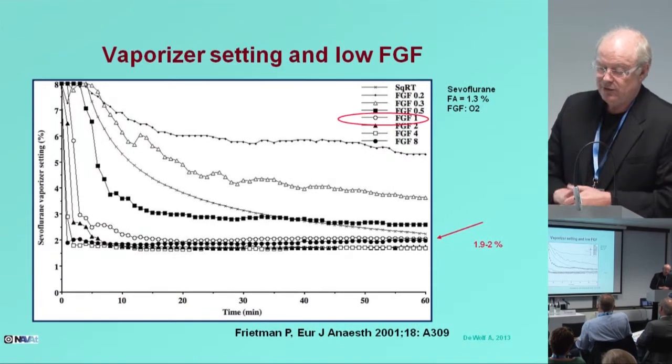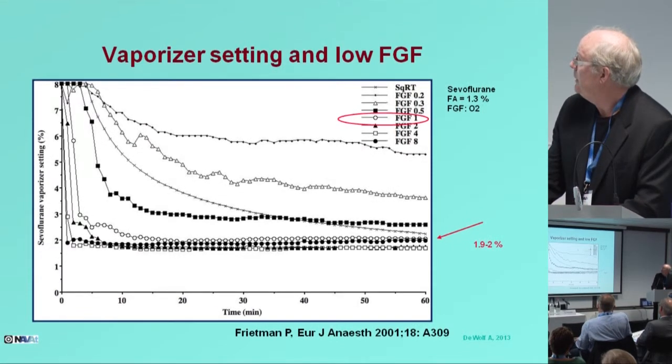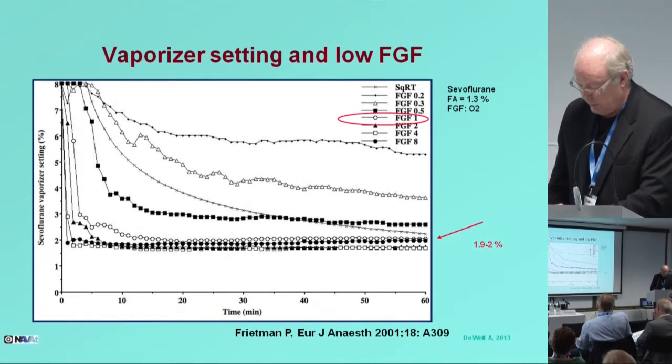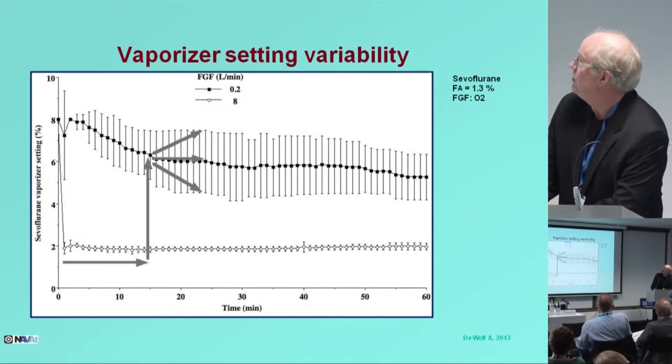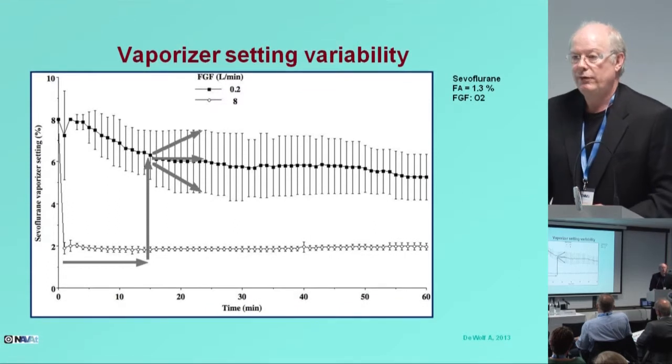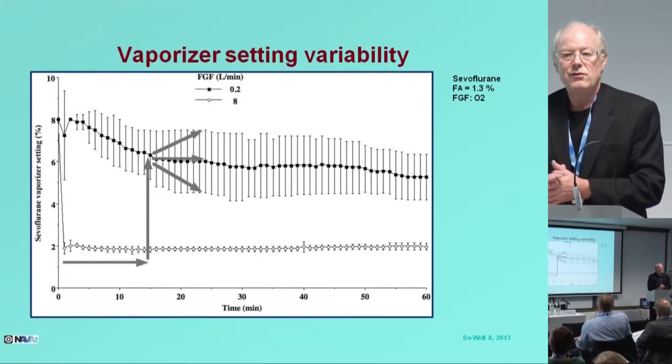If we go back to this slide, we can see that we need high vaporizer settings when we use very low fresh gas flow. But that's not the whole story. If we look at the standard deviation there, there is quite a bit of variability in the required vaporizer setting from patient to patient.